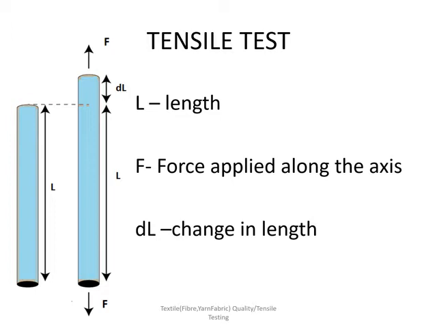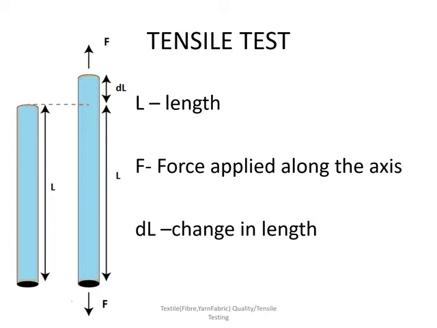You see F is in the axial direction. If you apply force perpendicular to this direction, then the properties will be different. But usually for textile materials, the force is applied in the axial direction, which is called a tensile test. And the properties are different in the axial direction and in the transverse direction.